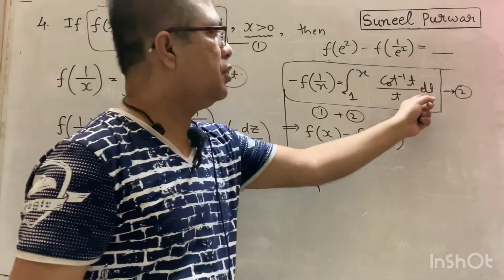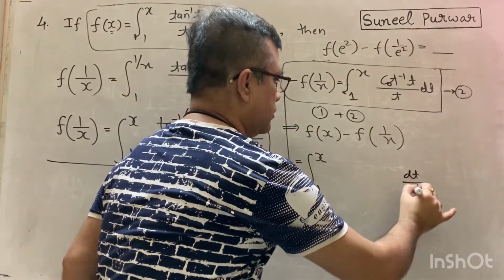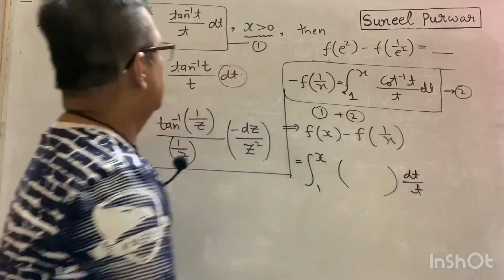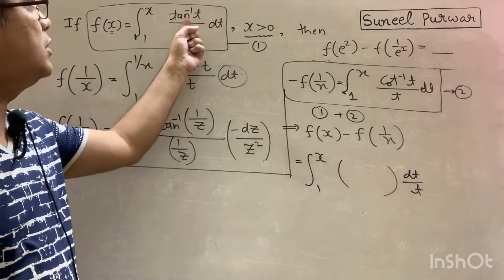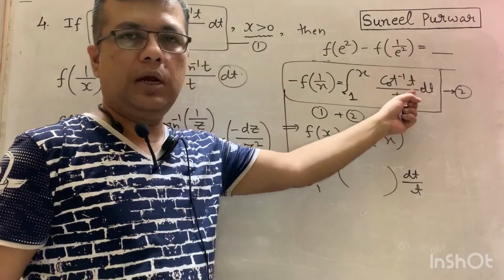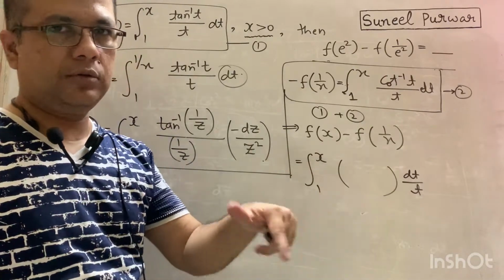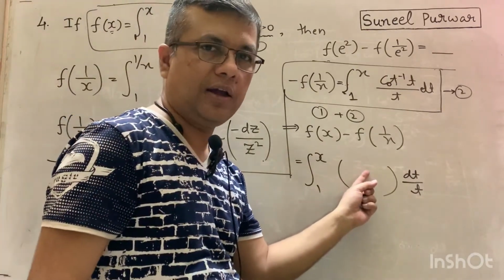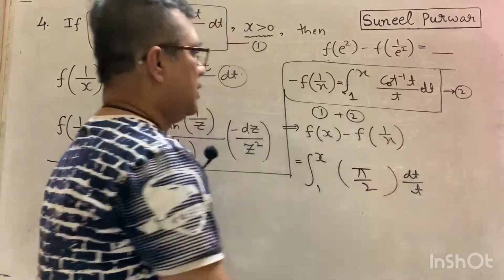Dt by t is a common quantity, dt by t. And if you permit me, what will be the sum of the remaining quantities in the numerator? Tan inverse t plus cot inverse t. And you know, tan inverse t plus cot inverse t is nothing but pi by 2. So that I am writing directly. So for that I had asked your permission. Okay, pi by 2. Got that?